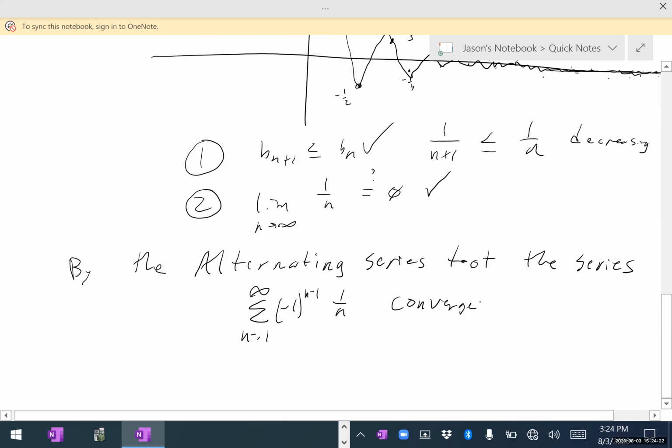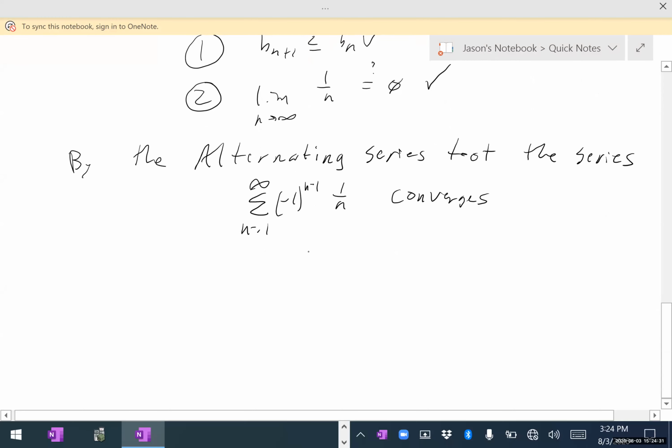Now, would it have converged if it was not alternating? No. But does it converge because it is alternating? Yes. And there's a reason for that: before, it didn't converge fast enough. It didn't converge.